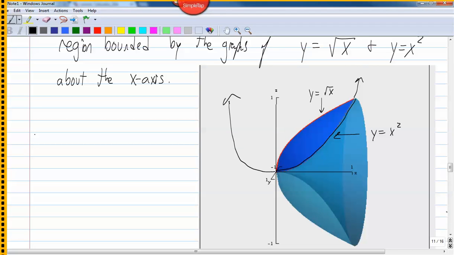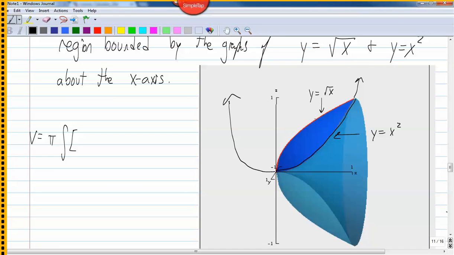Then the way we can get that is we can say that volume is equal to pi times the integral of the outer radius minus the inner radius. The outer radius is going to be from this line all the way to the x-axis.